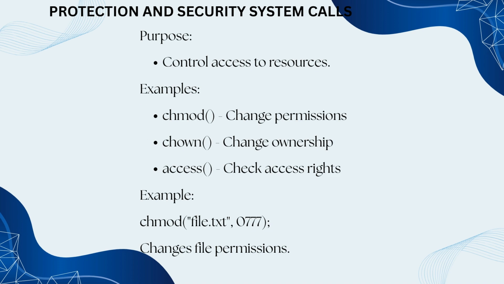It is mainly used to check the access rights, whether a particular user has read access, write access, or read-write access. If you want to check any access related information, we can use this system call.